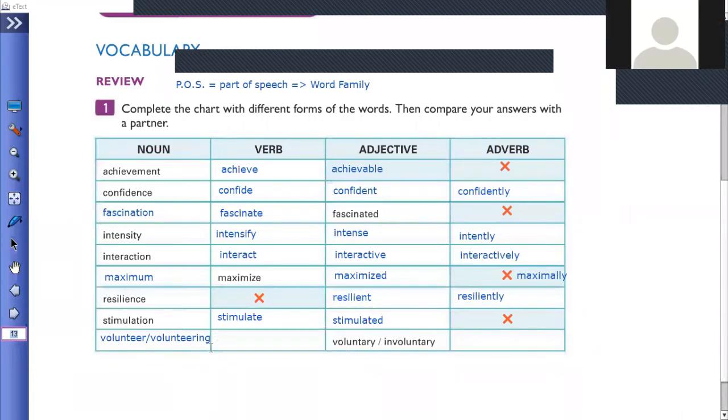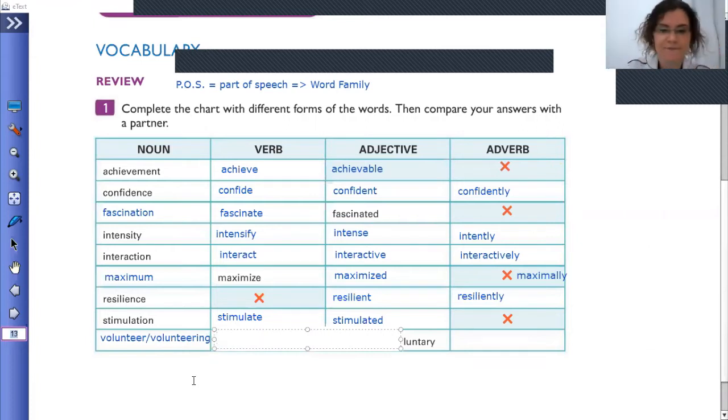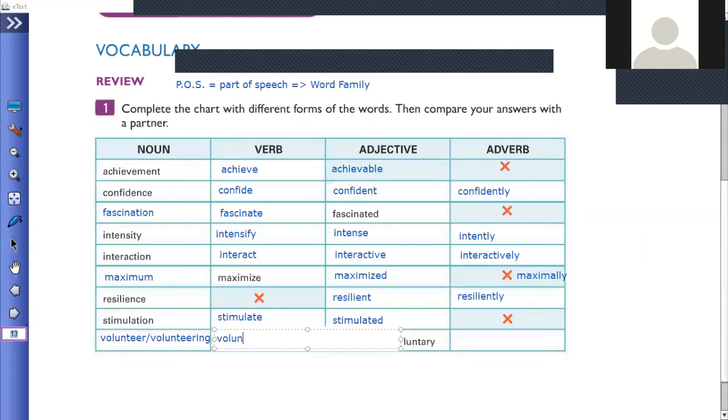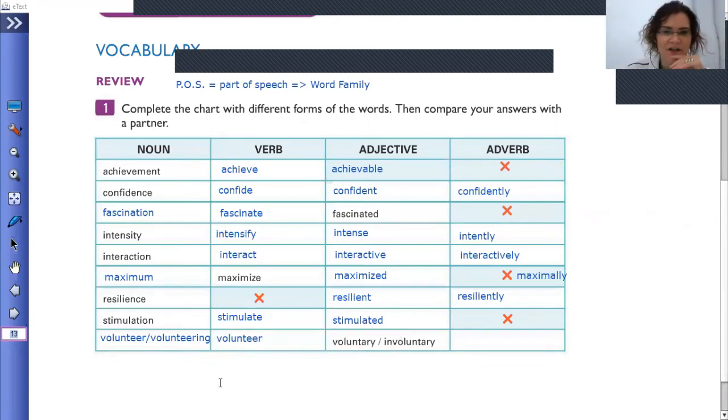I thought the verb is volunteering. The verb is volunteer. Yeah, it can be I volunteer or I am volunteering. It could also be with ing if it's the continuous tense. Yeah, correct. And it can also just be volunteer.